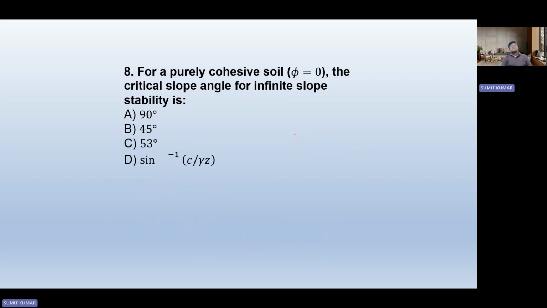Next question is, for purely cohesive soil, that is phi equal to 0, the critical slope angle for infinite slope stability is.